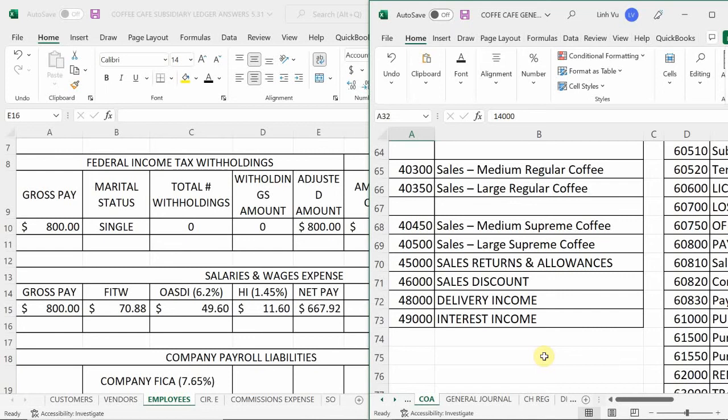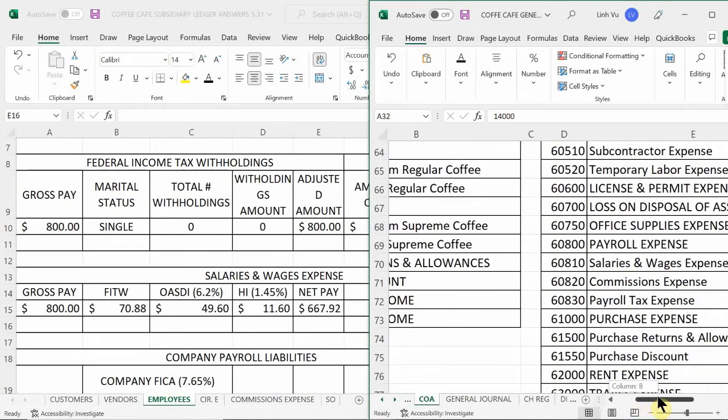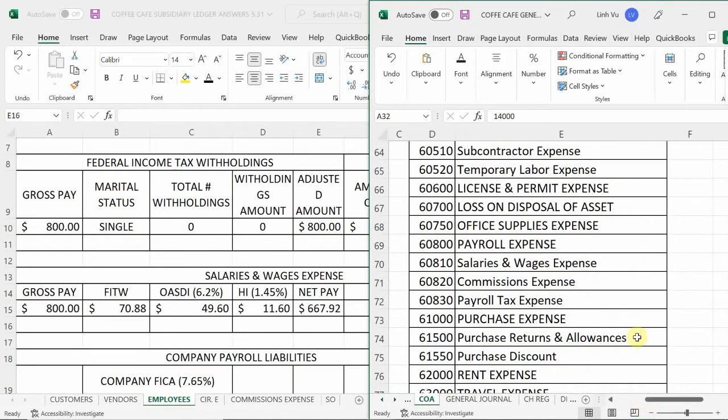It's definitely an expense to the company. Good. So in this case, your options are payroll expenses right here, but it's broken down into salaries and wages expense, commissions expense, and payroll tax expense. So which account would you use? For the net, you would use salary and wages expense.